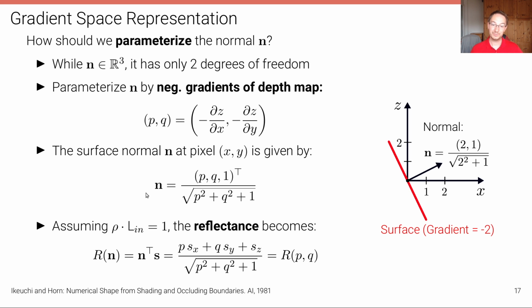Now, assuming this representation and assuming albedo times the incoming light strength to be 1, which we can do because we can just factor that into the image intensity, into the observations. This is an unknown that we can globally adjust afterwards, so we don't need to take care of this here. Then the reflectance R of n is simply n transpose S.